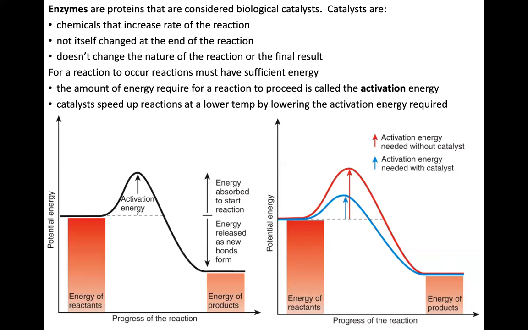It's just, once again, we've increased the rate of reaction. I would highlight this last bullet here: catalysts speed up reactions at a lower temp by lowering the activation energy required. So they lower the obstacle to get from the beginning to the end of the reaction. That makes sense?